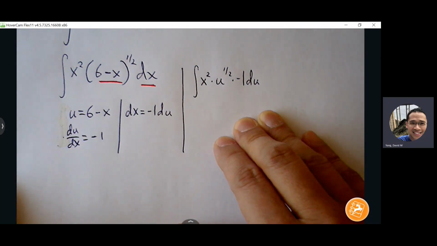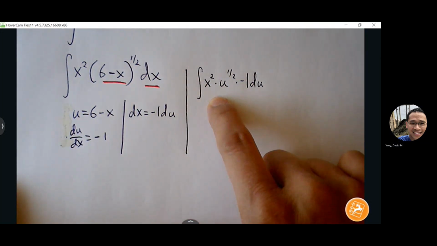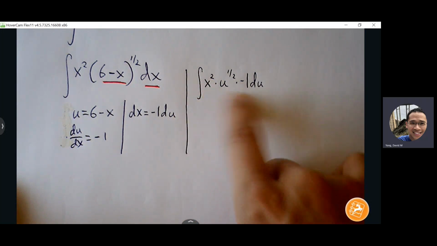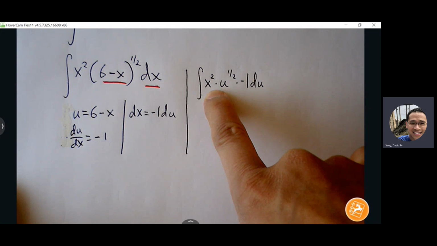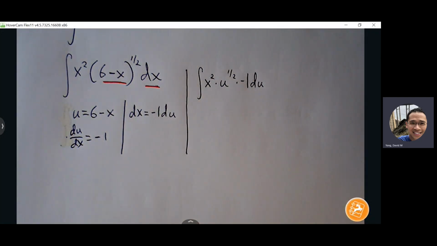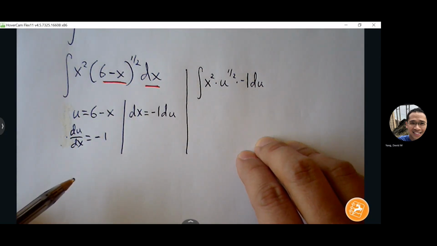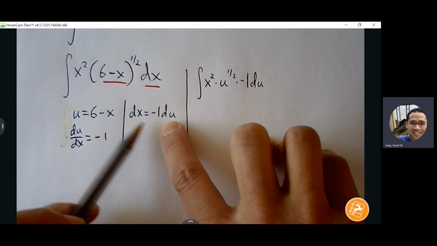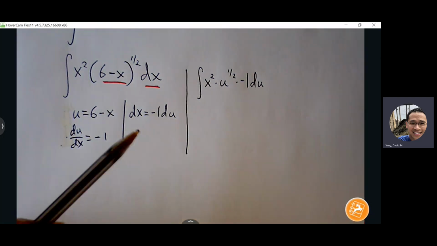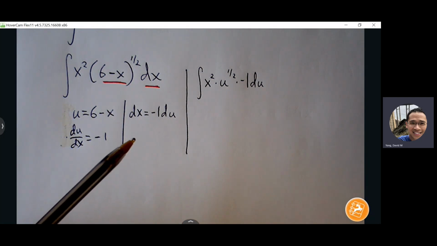Okay, what's the issue here? Yeah, the x's don't cancel out. We can't move forward until that x is resolved. Is there a way to replace that x in terms of something else? Yes. Say it again. That's right. Du over -1, but I can force a -1 to the top without changing.